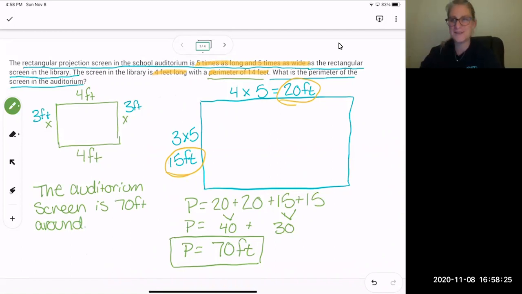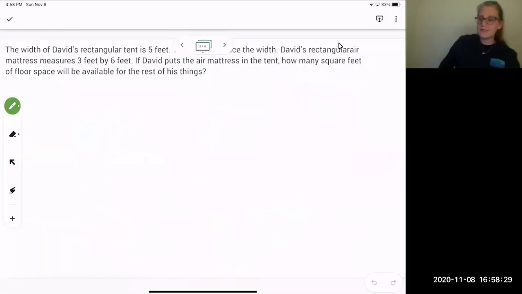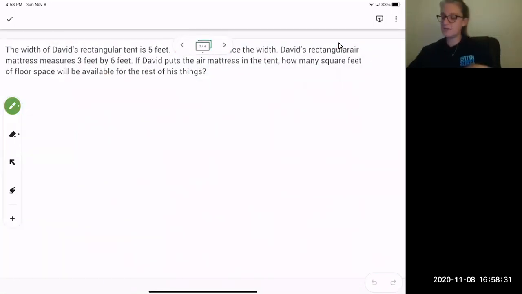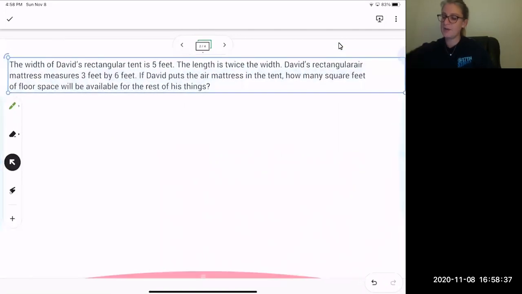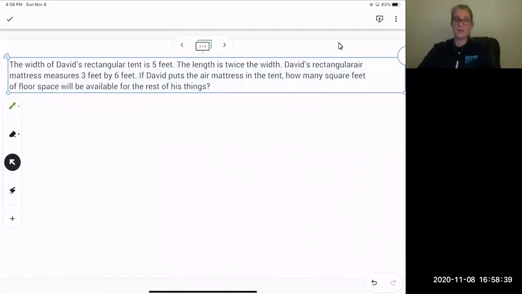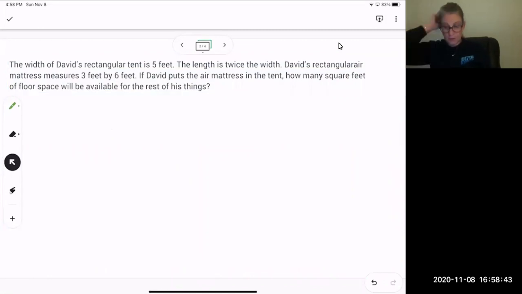Okay, let's do the next question. So remember, we're going to read this question twice. First time to get the gist of it, and the second time to pick out the key information. Okay, so it says the width of David's rectangular tent is 5 feet.